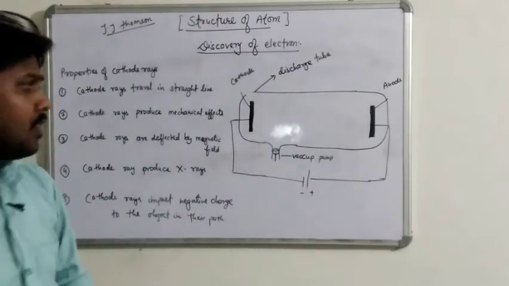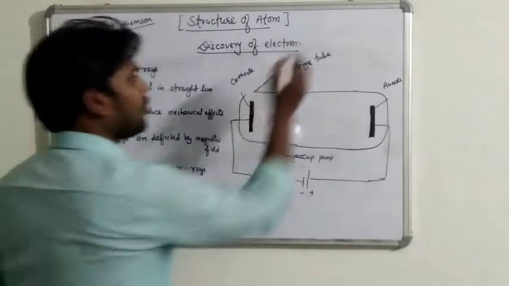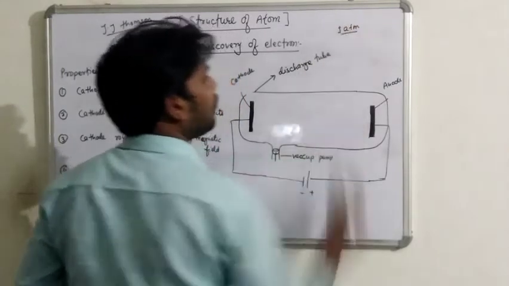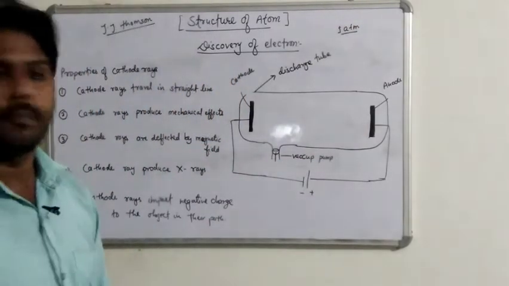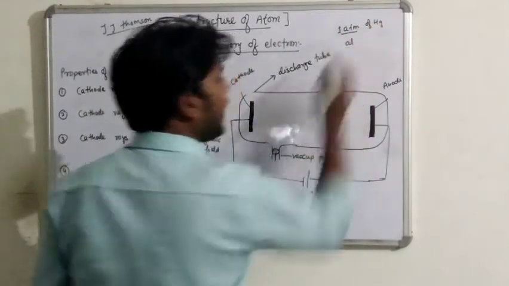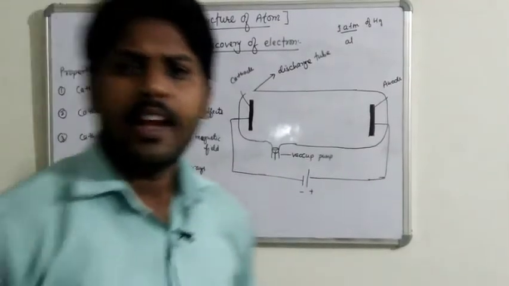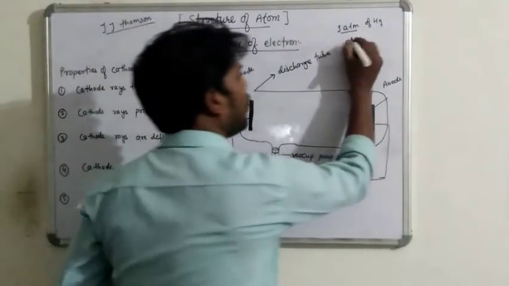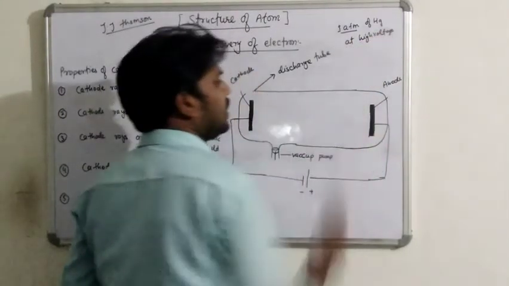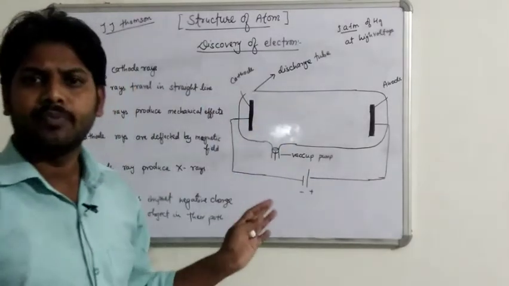Clear students? Now, when the pressure of the gas was 1 atmospheric pressure of mercury, okay students, at high voltage, he observed that there was no change in the discharge tube.